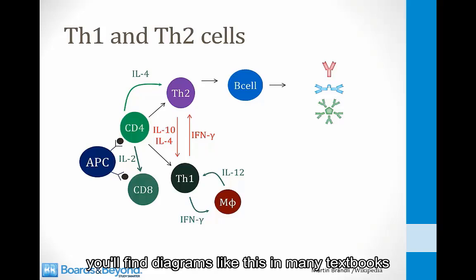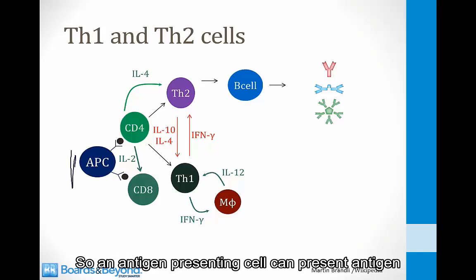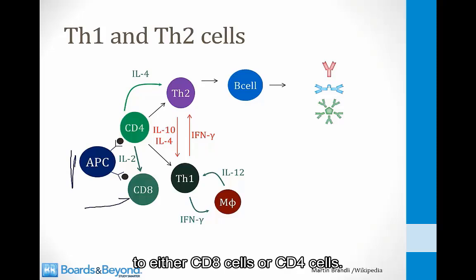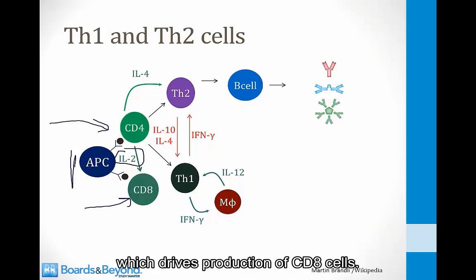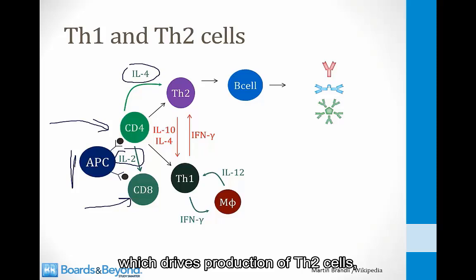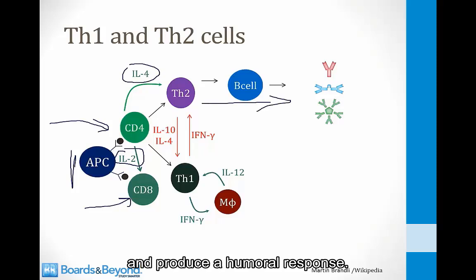Another way to think of it is the way I've drawn on this slide, and you'll find diagrams like this in many textbooks and review books. So an antigen-presenting cell can present antigen to either CD8 cells or CD4 cells. The CD4 cells can release IL-2, which drives production of CD8 cells. CD4 cells can also release IL-4, which drives production of Th2 cells, which then go on to stimulate B cells and produce a humoral response.